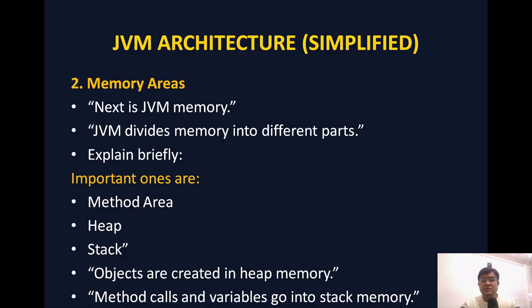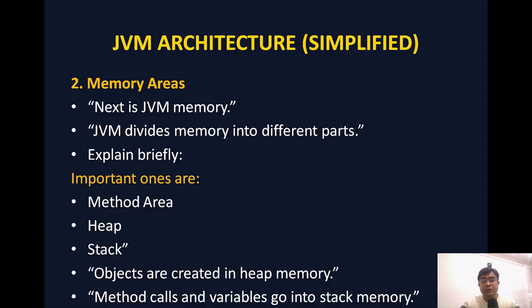Now the second area in the JVM architecture is the memory area. This is the JVM memory area, right? So JVM divides the memory into different parts. The first one is method area, second is heap, the third is stack. All the objects are created in the heap memory.